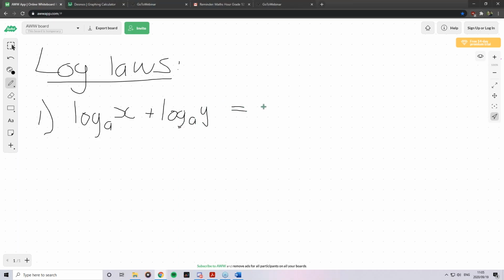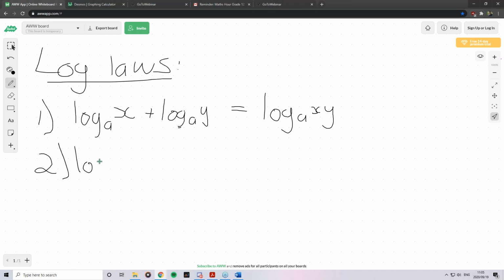This is equal to log base a of x times y. What do I raise a by to get to x, plus what do I raise a by to get to y, will be what I must raise a by to get to x times y. That's how you can read it.